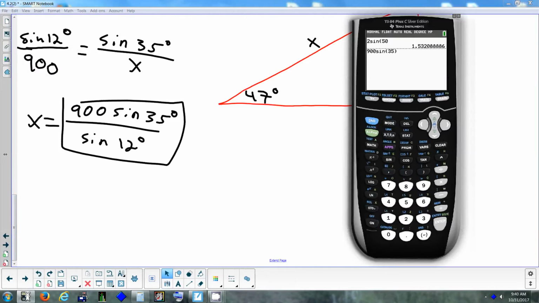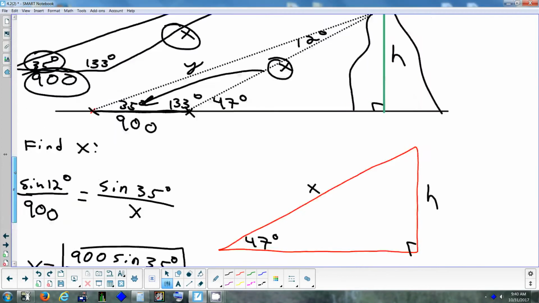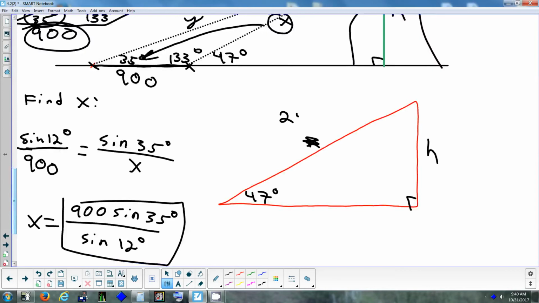All right, so 900 sine 35 over sine 12. Okay, so we get 2,482.9. Let's just round it to that.